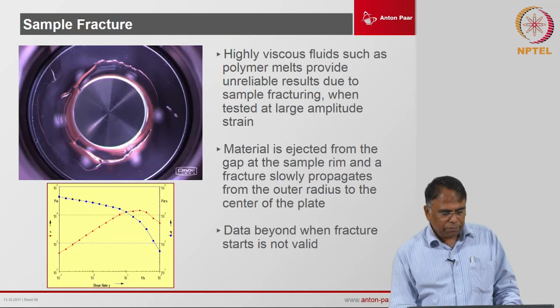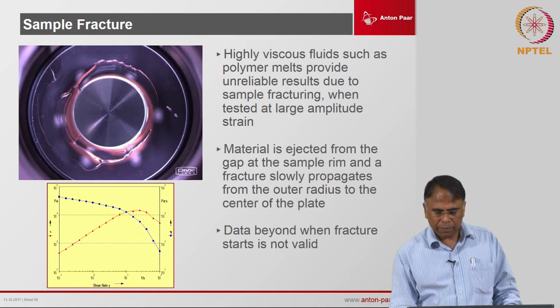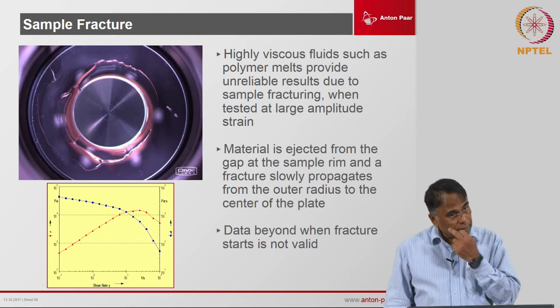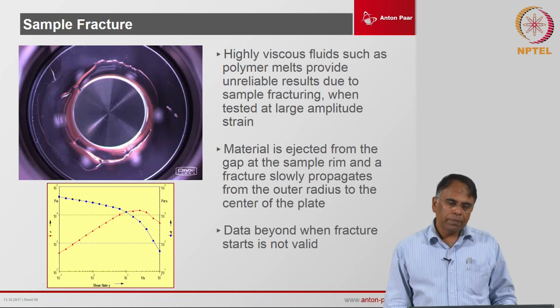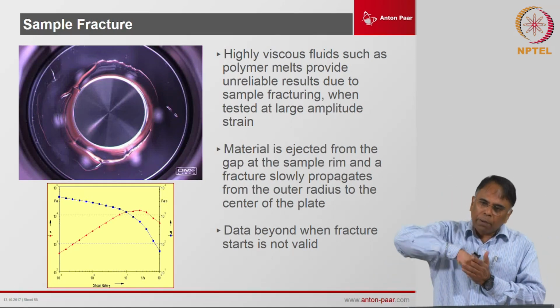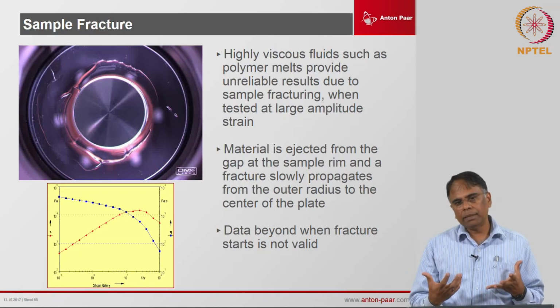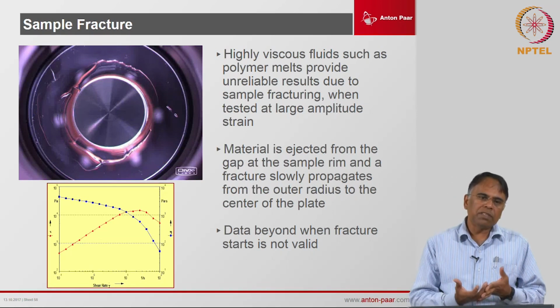The other factor that comes is the edge fracture, or we call it sample fracture in simple terms. If you have viscoelastic samples, when you are applying a shear on the samples, the sample also develops what we call a normal stress.